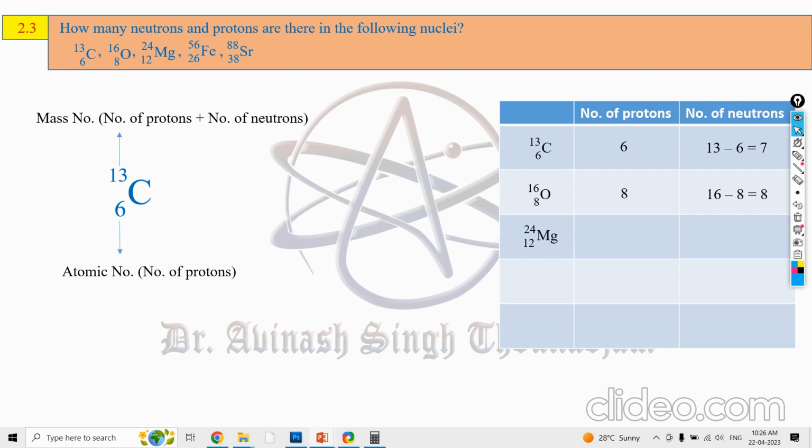Magnesium 24: atomic number is 12, number of protons is 12, number of neutrons is 24 minus 12 is 12. Next is Fe56, number of protons is 26, number of neutrons is the mass number minus the atomic number. Strontium 88, number of protons is 38, number of neutrons is 88 minus 38, which is 50.